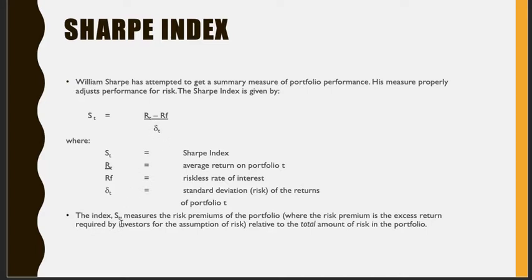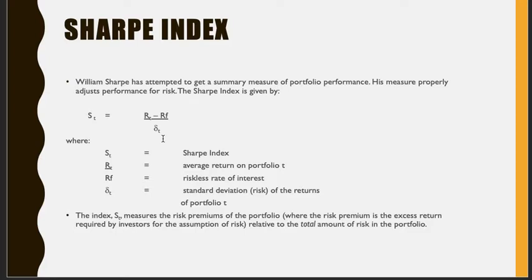The Sharpe index measures the risk premium of the portfolio, where the risk premium is the excess return required by investors for the assumption of risk, relative to the total amount of risk in the portfolio. Here the standard deviation represents the total risk.